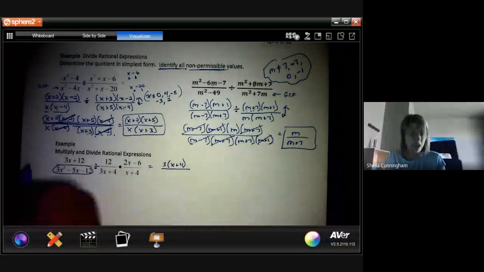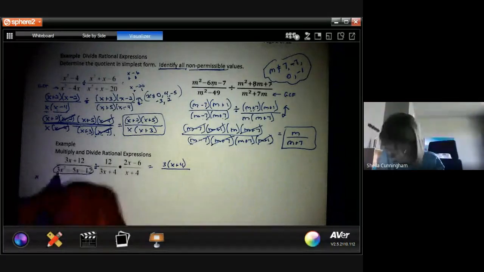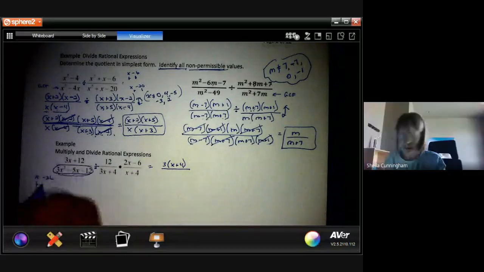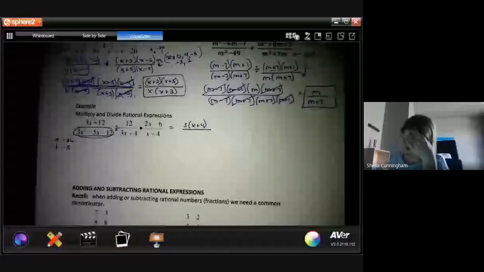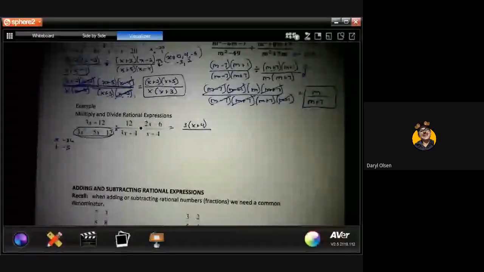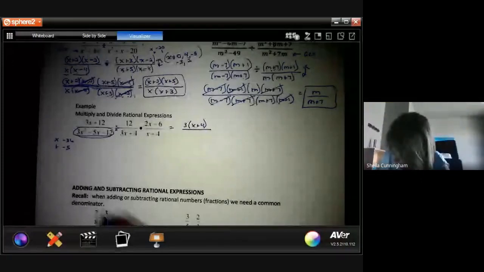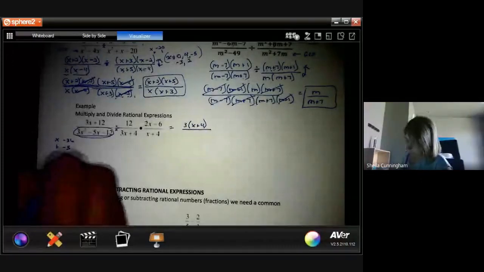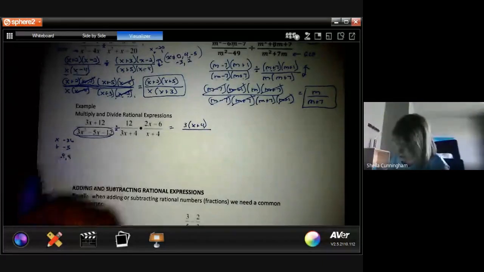So I've got to find something that multiplies to give me 3 times 12, which is negative 36, and adds up to negative 5. So two numbers that multiply to negative 36 but add up to negative 5. I think you're going to have to work with 9 and 4 on this one, and I think your 9 is going to have to be negative.